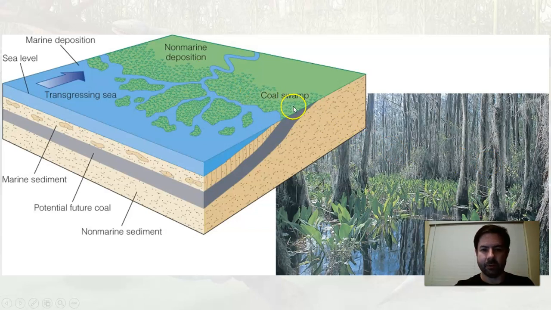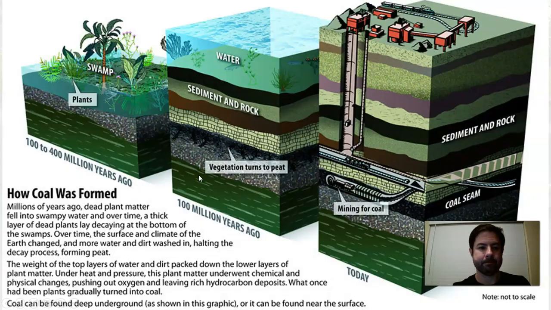So again, these coal swamps, they're usually at the boundary of the ocean, but they're still freshwater environments, more terrestrial environments. But as the sea is transgressing and rising, that goes further and further inland, and then it gets overlain by marine sediment. So we have terrestrial sediment, coal, marine sediment.